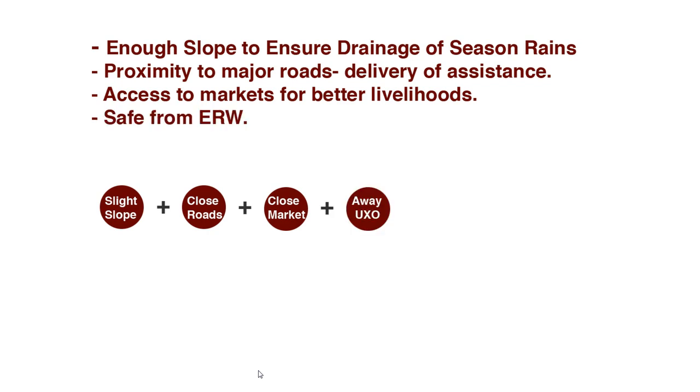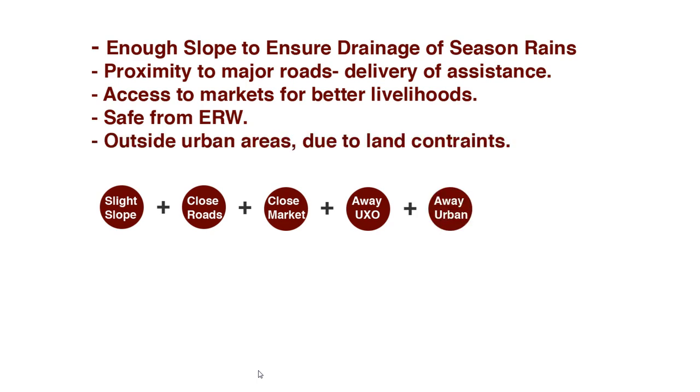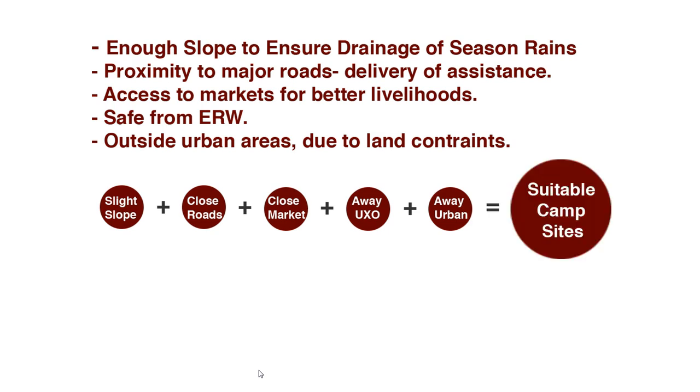We talked about it being away from ERW or some unexploded or some dangerous feature in the geography. And we also wanted to be away from dense urban areas that already are fully developed. So we want to find parcels that would allow for the siting of a large operation like a refugee camp. And through all those criteria coming together, we were able to get suitable campsites.